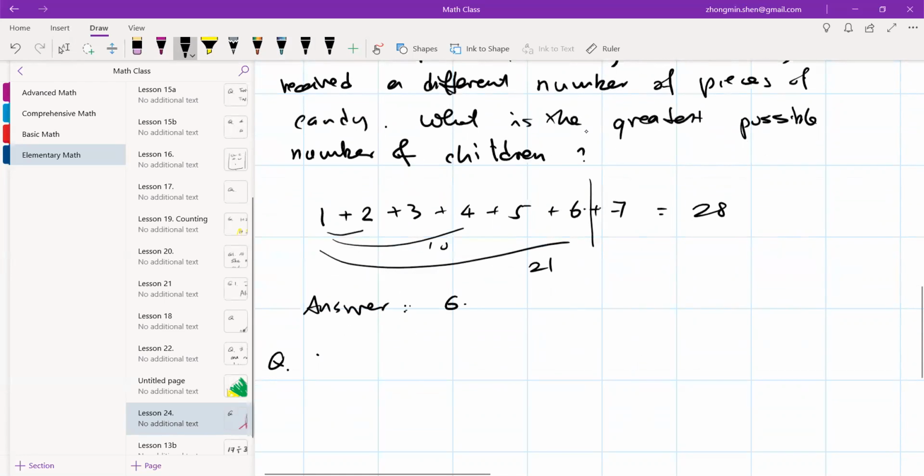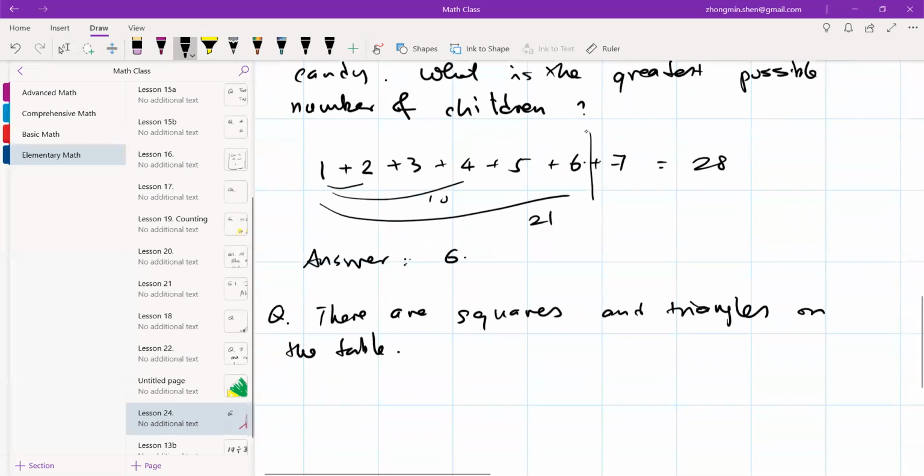Okay, there are squares and triangles on the table. Okay, I count the vertices.